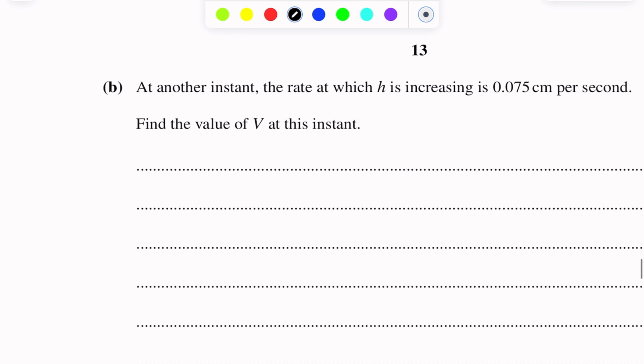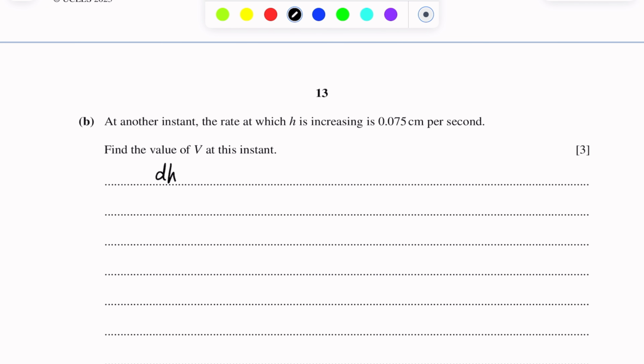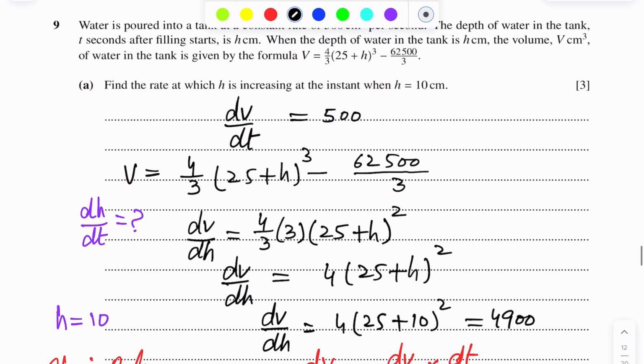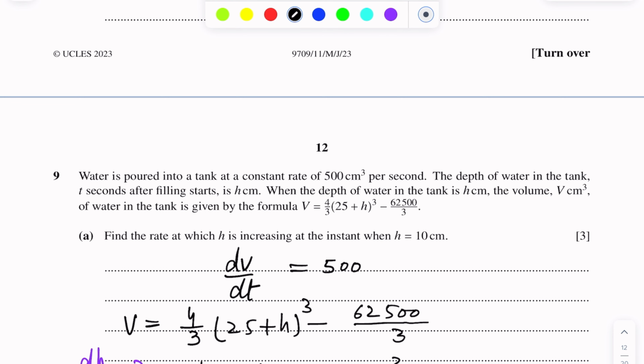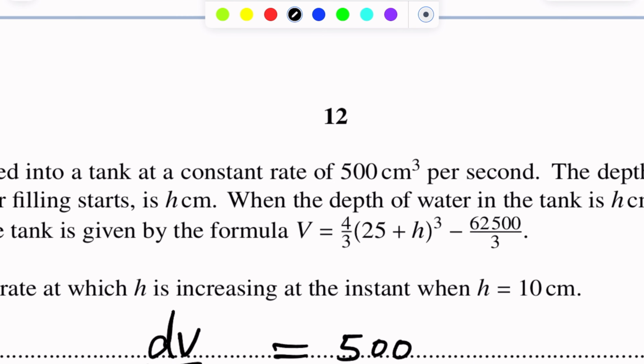Now dh over dt is given, that is 0.075. Again we will use the chain rule, but the other differential will be, look at the statement of the question.